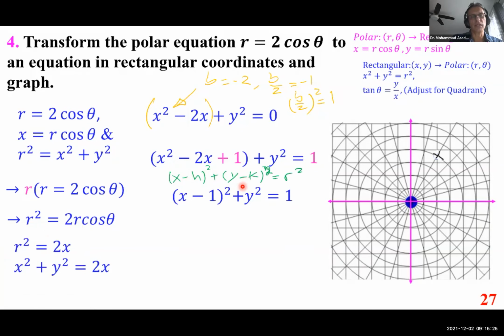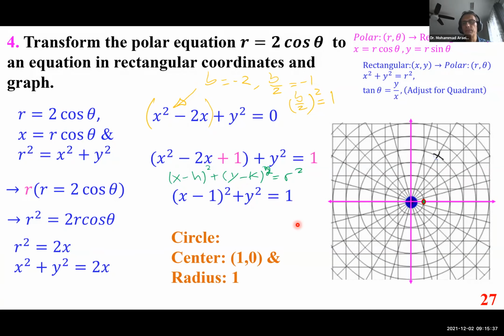So it is centered at 1, 0. Radius is square root of 1, which makes it 1. So we proved it's a circle. The center is at 1, 0. That's the center. And the radius is 1. So you draw it, and it looks like that.